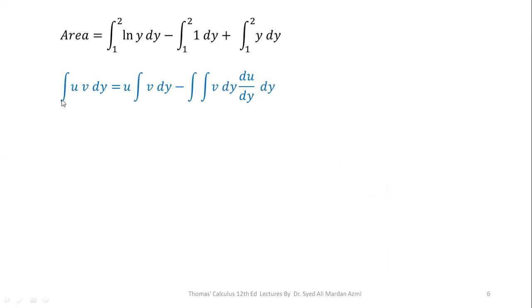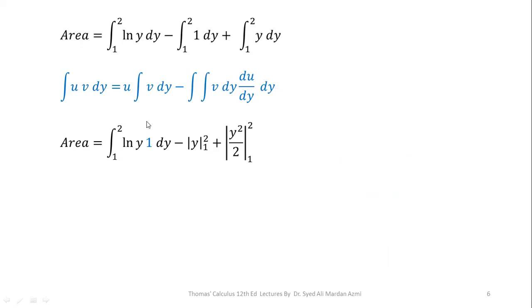So we have to apply integration by parts by using 1 as a multiplier with natural log of y. In the second integral, limit from 1 to 2, 1 dy, integration is simple, it is y. And for the third integral, integration is also simple with the help of power rule, y square over 2 for the given limits 1 to 2.